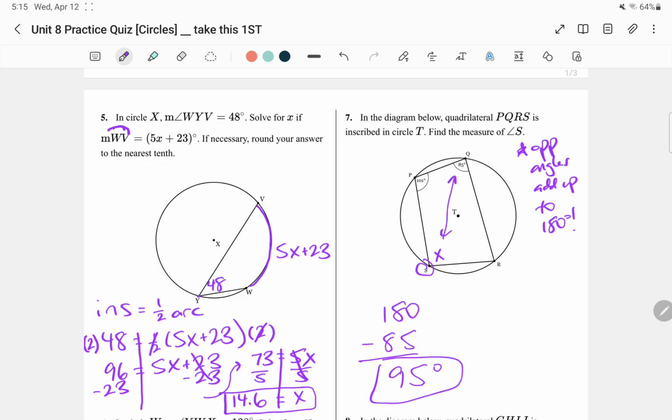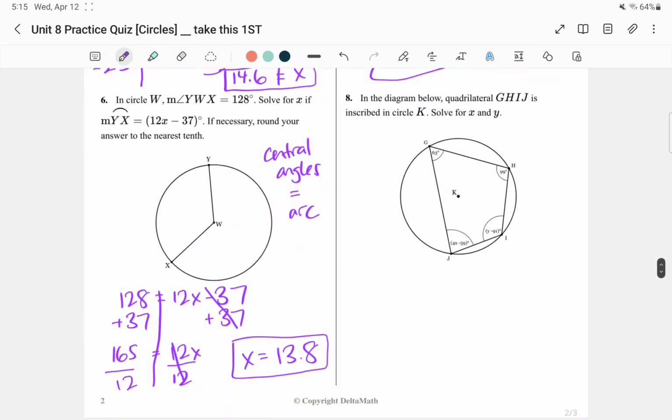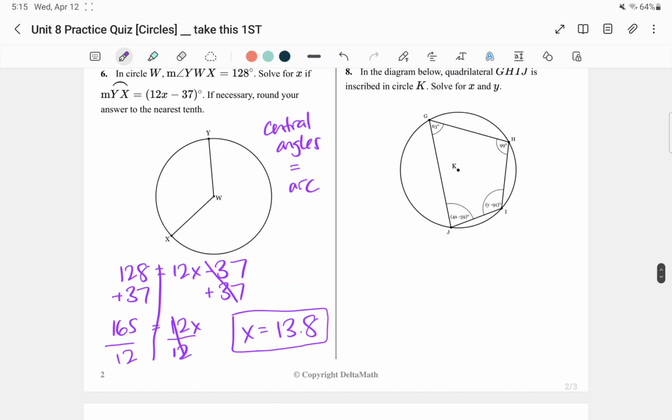And that's it. Same thing for number 8, except I'm going to have to, I guess, write some equations here. So let's solve for x first. So opposite this 4x minus 59, I'm going to have 99. So I'm going to add those up to equal 180. So let's combine like terms. Negative 59 plus 99, which is also 99 minus 59, gives me 40.